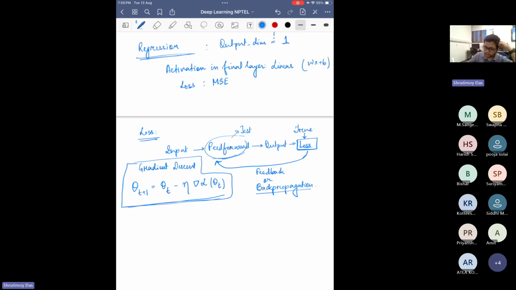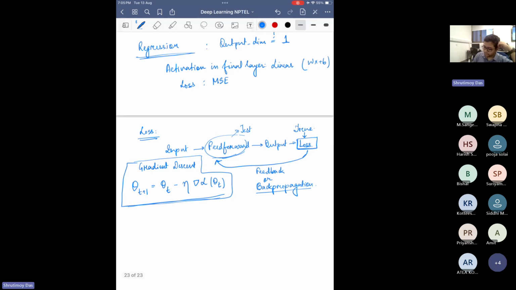So in our case, theta is the set of all weights for layer 1 and layer 2. Using this update step, you will update your weights. Initially you have some random weights. So suppose I'm talking about theta 1. Initially I have theta 0, which is if I randomly generate some weights, say W10 and W20.